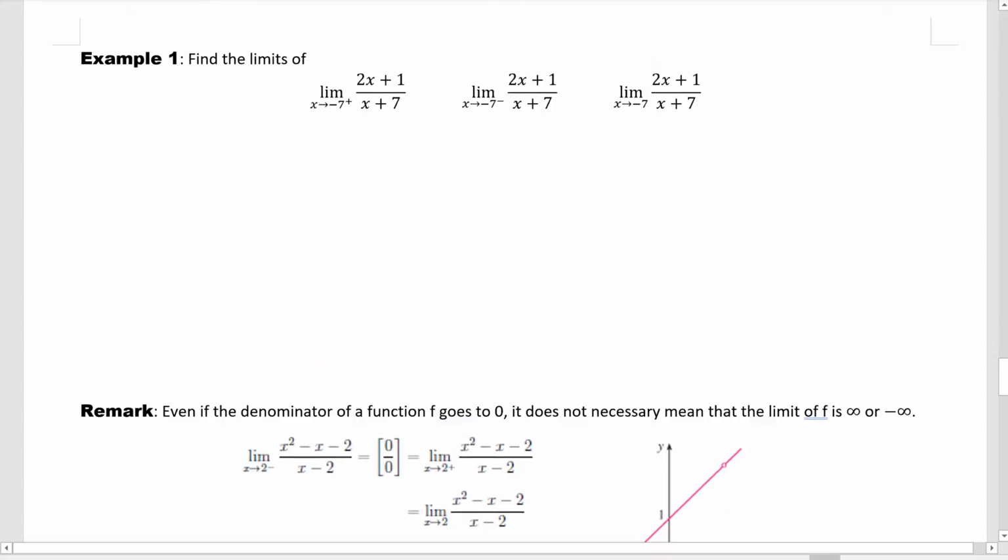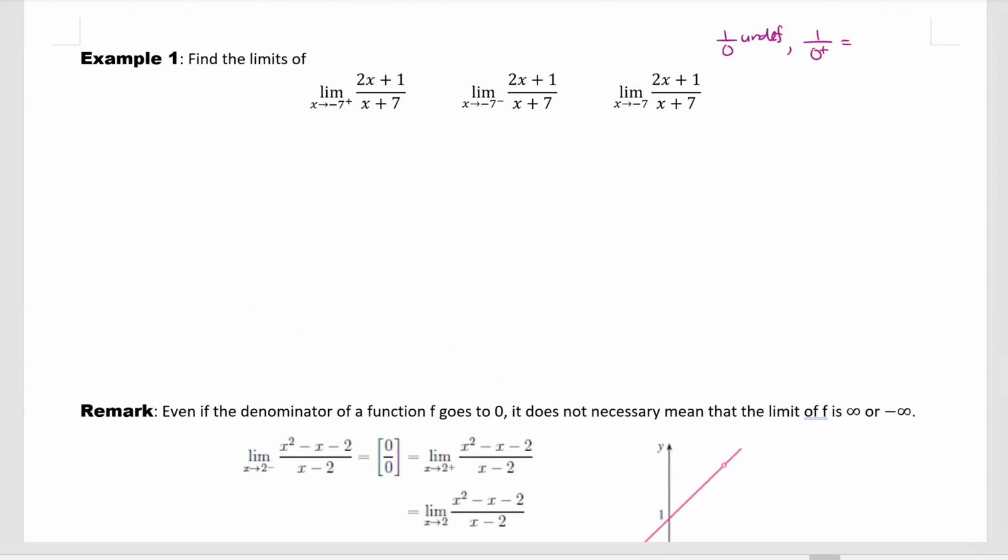Next, let's look at the following limits. First of all, I want to review with you: do you remember what 1 over 0 plus is? We know 1 over 0 is undefined, but this is not 1 over 0. It's not exactly 0.